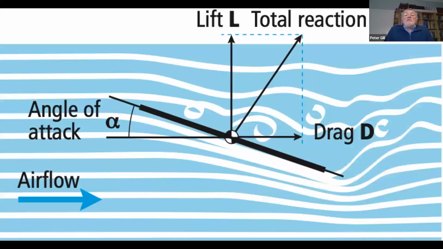Okay. So if we take our simple balsa model glider and incline it to the airflow, we describe that as an angle of attack, usually referred to as alpha.